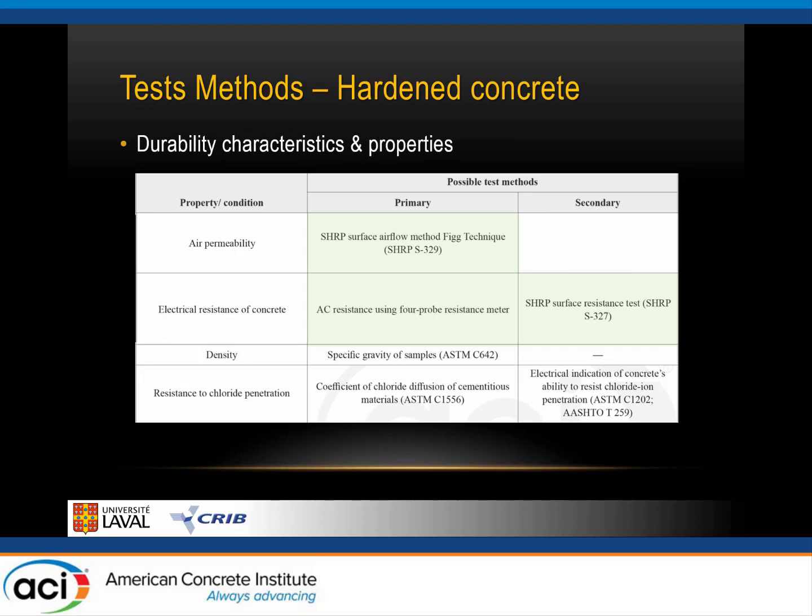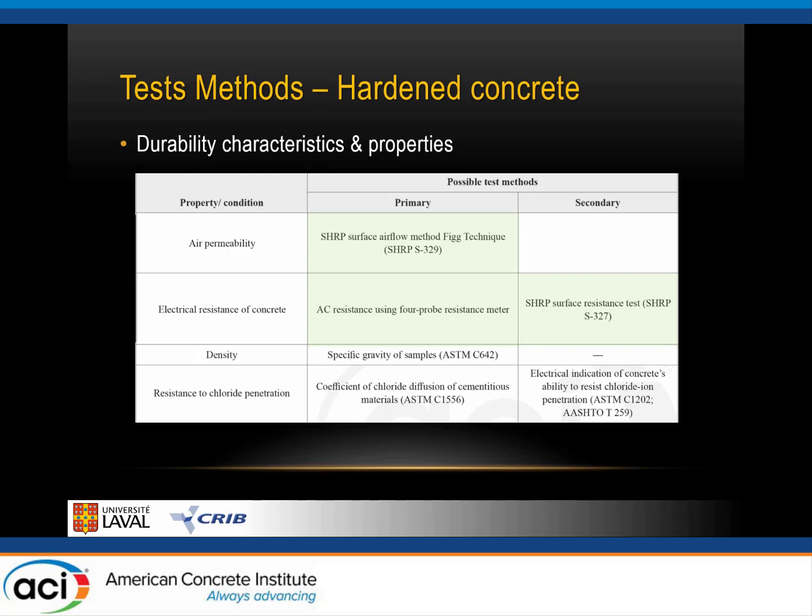So to provide a better insight of the actual durability characteristics and properties of the concrete in the structure, the different properties being addressed are air permeability, electrical resistance of concrete, density, resistance to chloride penetration.